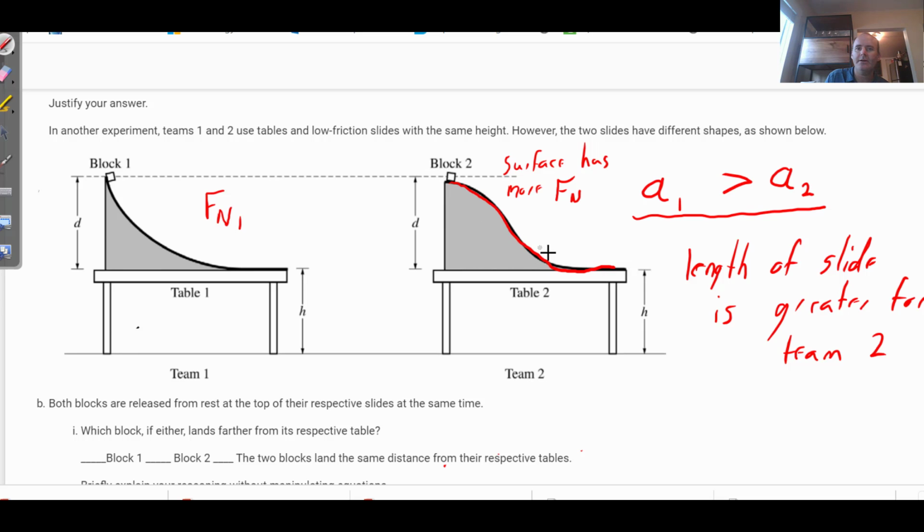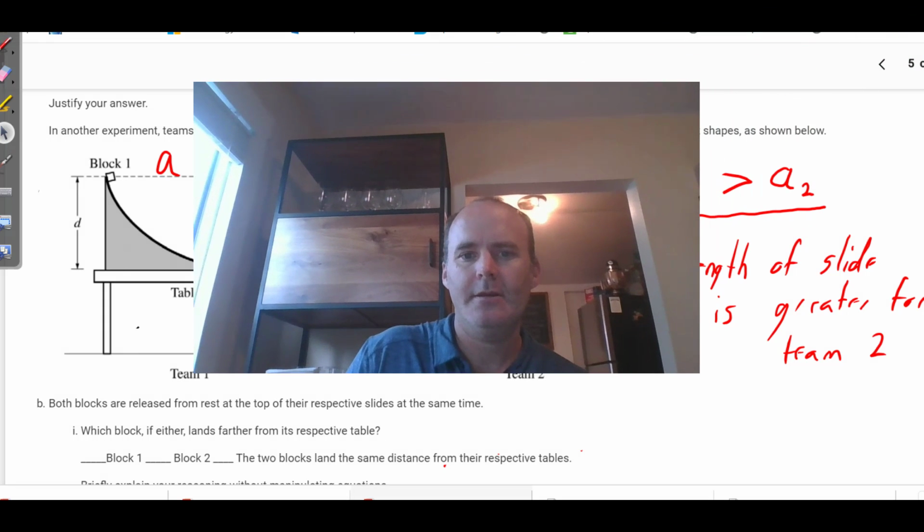So down here, they both hit v, but this one has less of an acceleration. You can say that because it has a longer distance, or because there's more normal force counteracting the gravitational force. This acceleration is closer to g, which would be g equals 10 if it was just in free fall.